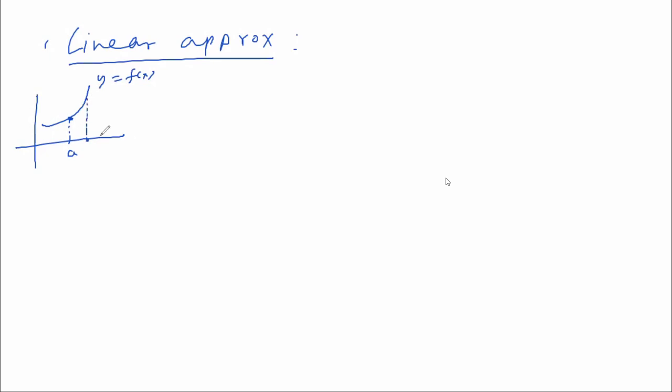But if you want to approximate that height, what do you do? You draw a tangent line. And the height of the tangent line is the approximation of the height of the actual curve.